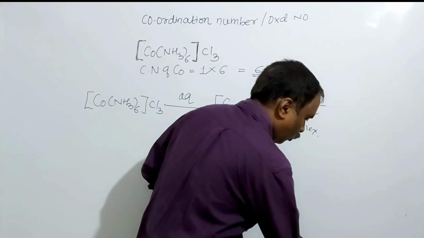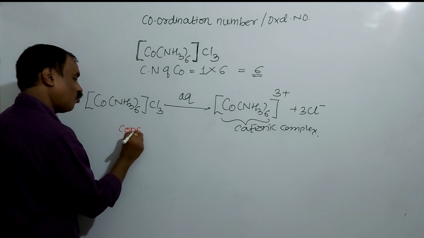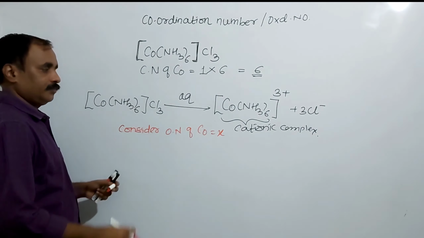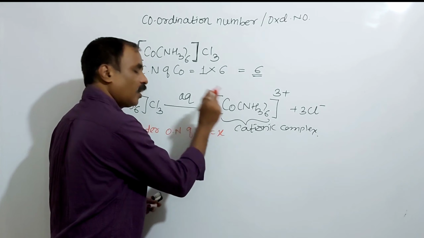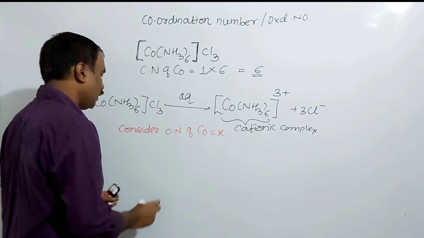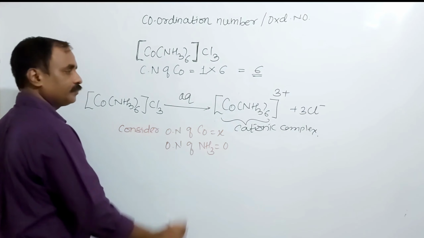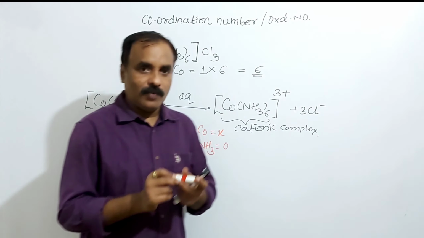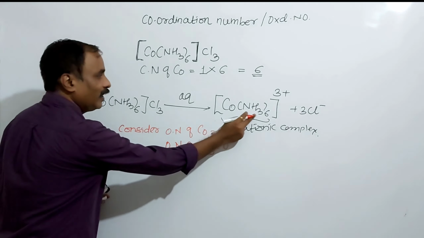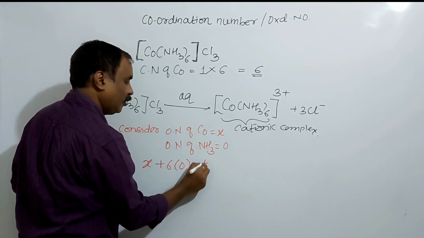Here we have to calculate the oxidation number of cobalt, which we don't know, so consider it as X. Ammonia is a neutral ligand, on the basis of charge classification of ligands, so its charge is 0. So X plus 6 into 0 is equal to the total charge on this bracket, plus 3.